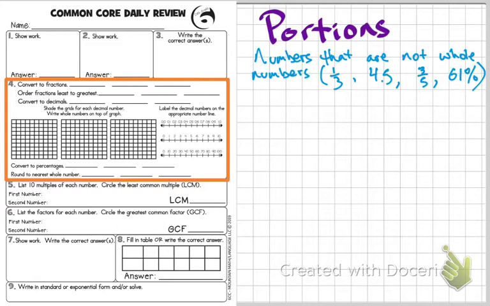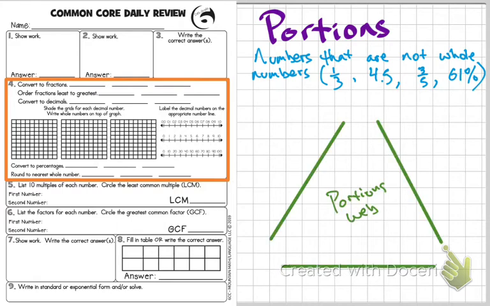In this class, oftentimes we are going to use what we describe as a portions web to show the connections between these three different forms of portions or part of numbers. In our portions web, we're going to include fractions. We're also going to include decimals, and we will include percents.